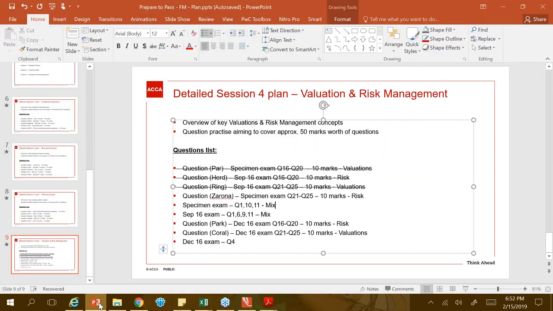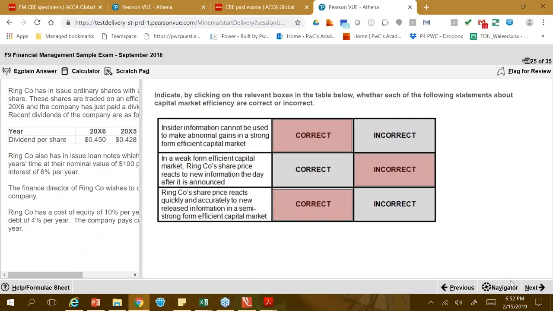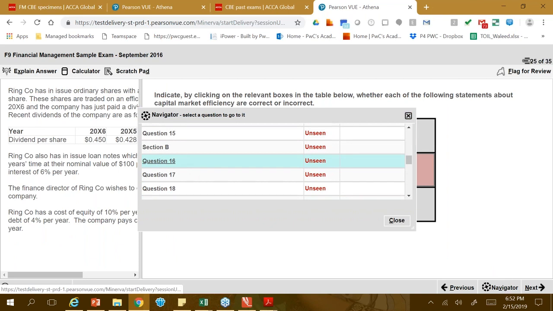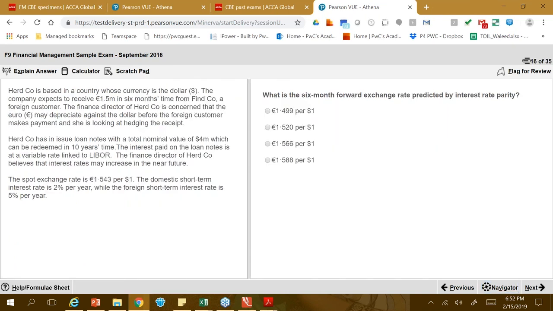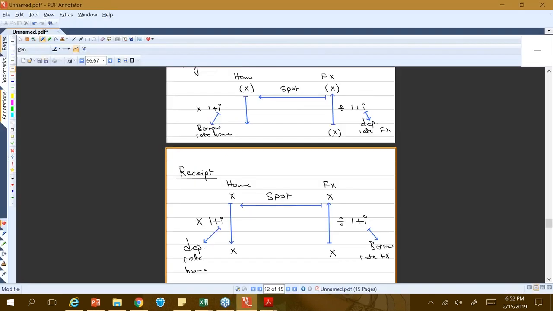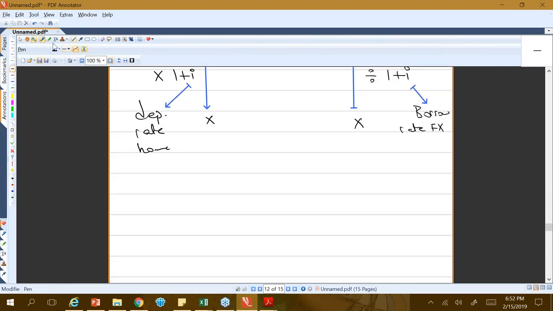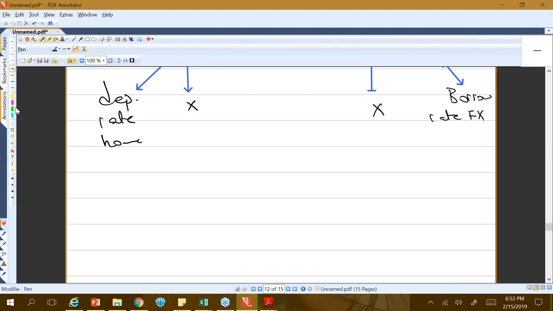The question number is 16 to 20. So the Herd question also has a bit of interest rate parity. So let's quickly go over that before we jump into this question.